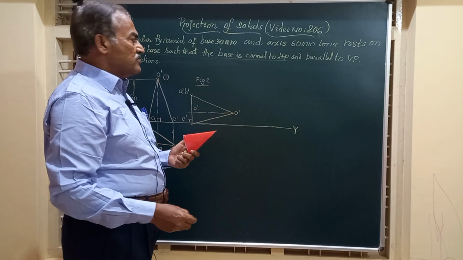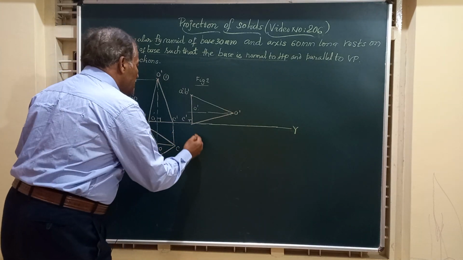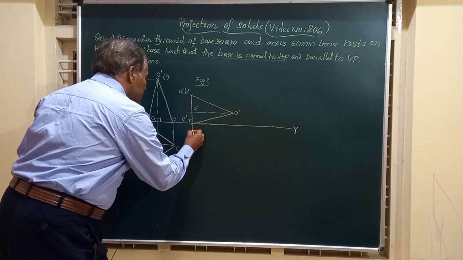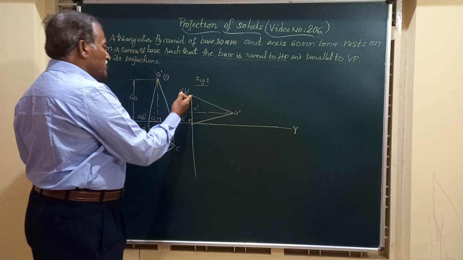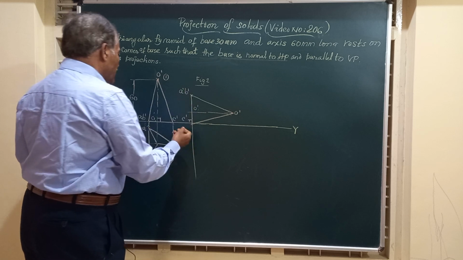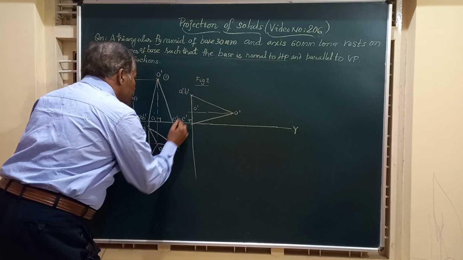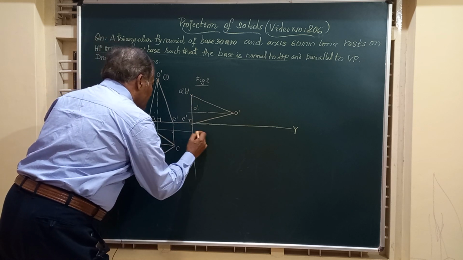Friends, now let's see what is the corresponding top view for this. It is very simple. Draw projectors from all these points in the front view. Get these one by one. You see here a dash, b dash and c dash, all the 3 points lie on this vertical line. So draw a vertical line from a dash, the horizontal from here.